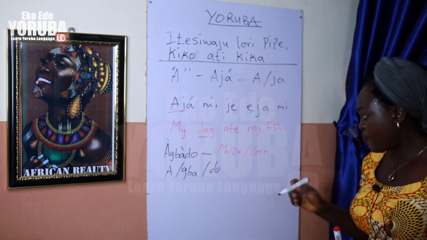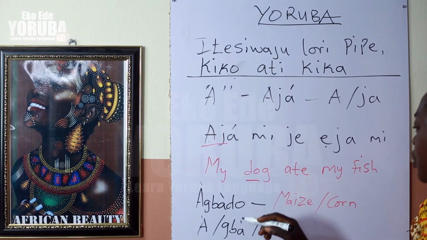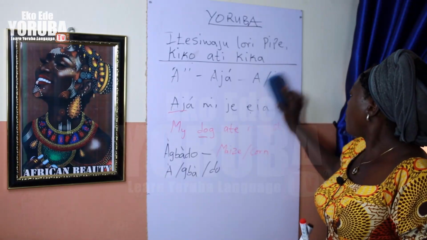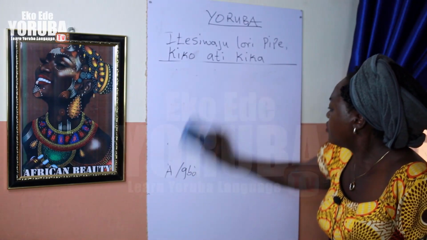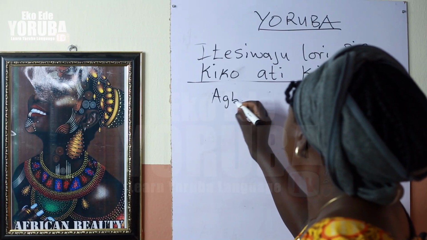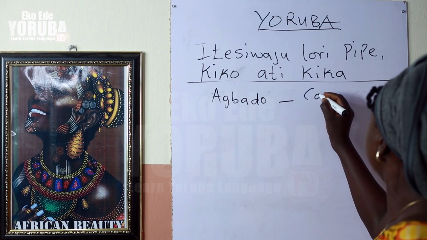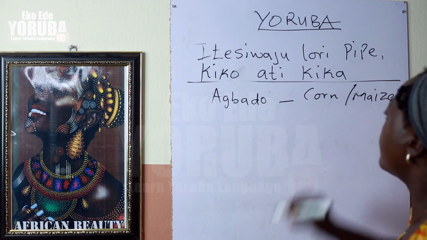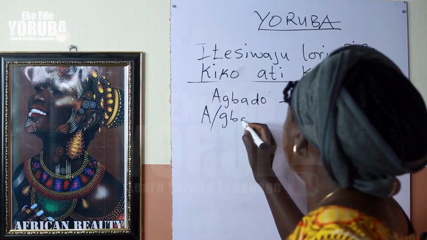Now look at it. Àgbàdo, do, re. This is the continuation, àgbàdo. I said corn or maize. Àgbàdo, the syllable is three.